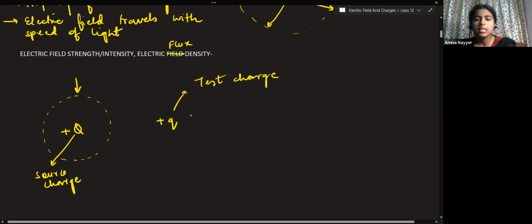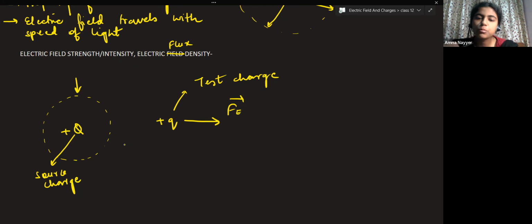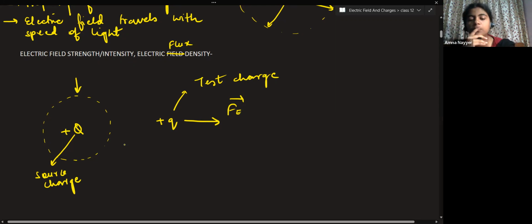This will get repelled by some force, let's say Fe. If both are separated by a distance small r, then F will be equal to K capital Q small q divided by r square, the way you have calculated in Coulomb's law.